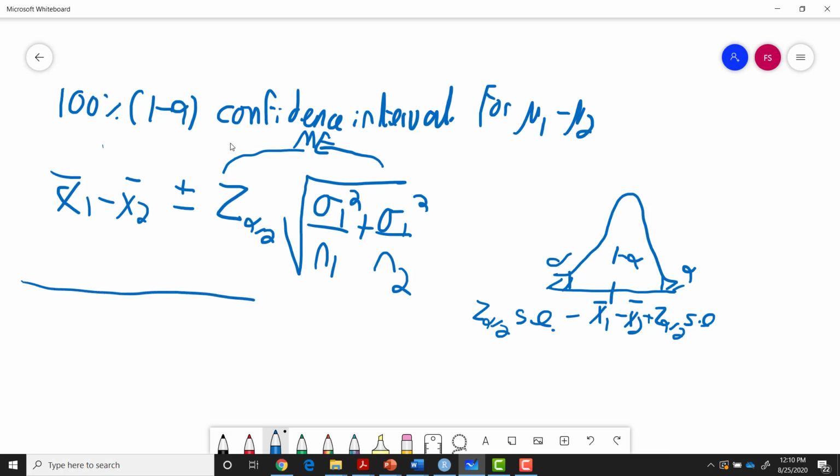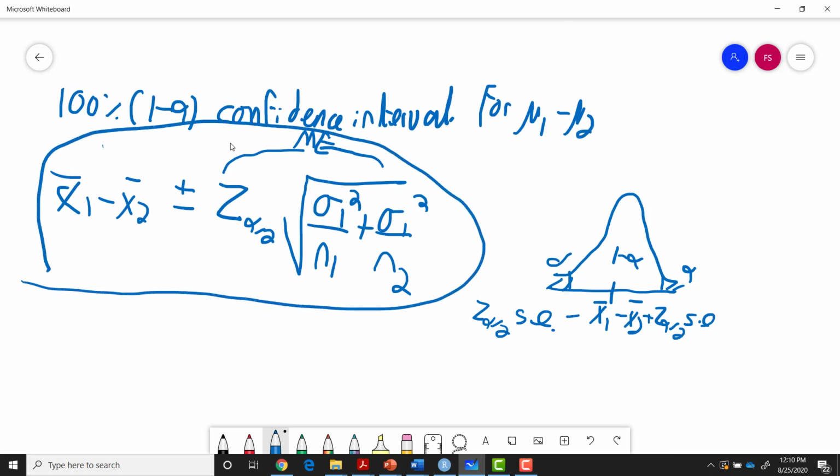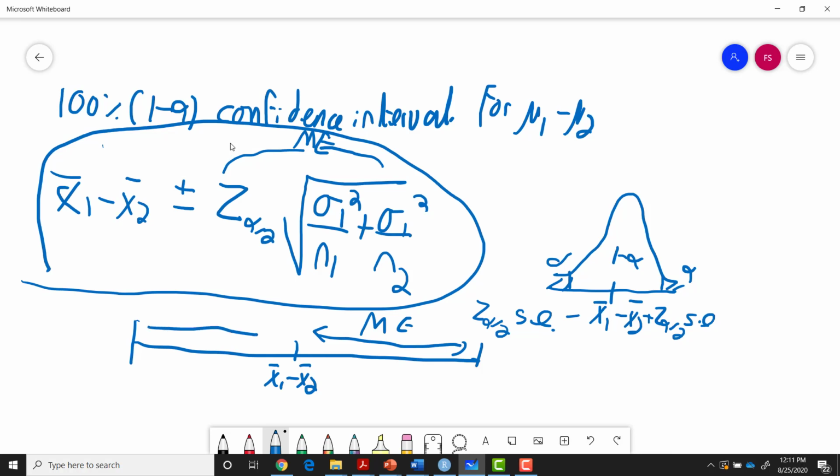So that's my z confidence interval. And again, let's just draw it like this. We have x bar 1 minus x bar 2 in the center. And then we have the margin of error and the margin of error. Okay. Now, again, we can use this when we have two large samples.